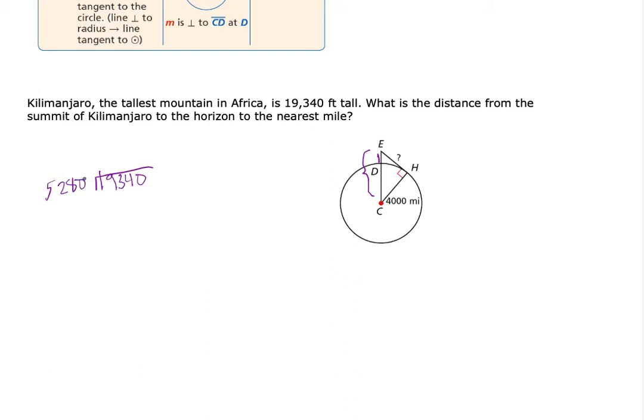Of course, I'm not going to do that by hand. I think I have it written somewhere. Yep, it's 3.66 miles. Which means this length here, my hypotenuse, is going to be 4,003.66.